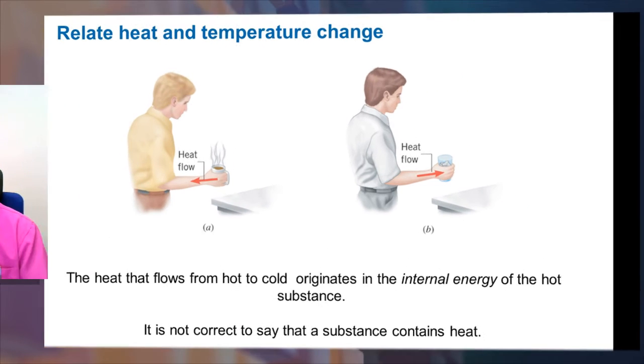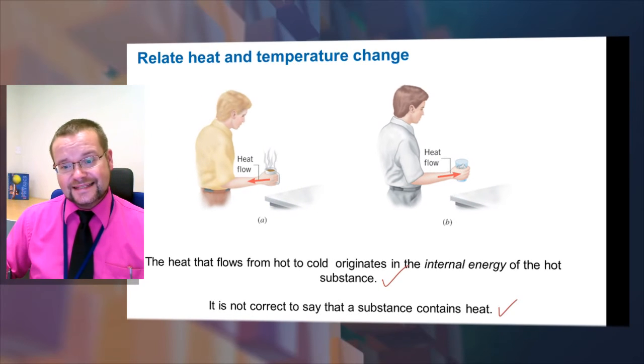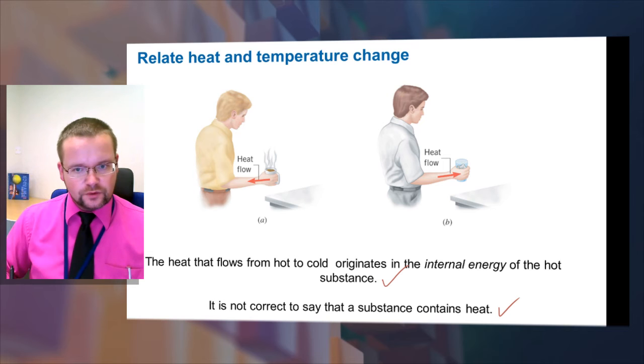So heat flows from hot to cold, and it originates in the internal energy of the hot substance. It's not correct to say that the substance contains heat. It contains thermal energy, and heat is the flow. Just to recap, temperature is a measurement of thermal energy, which is the noun, the actual molecular energy we're talking about, and heat is the flow, the process, the action, the verb.